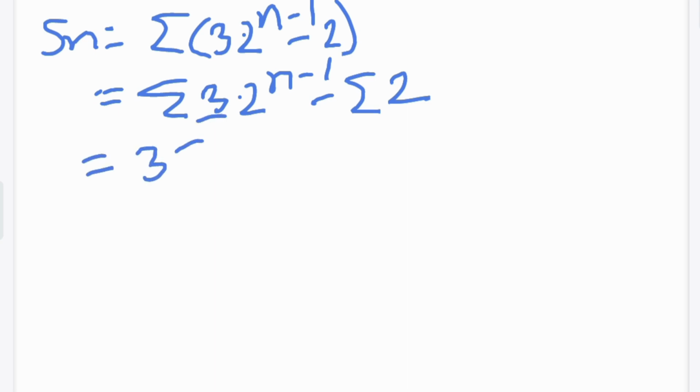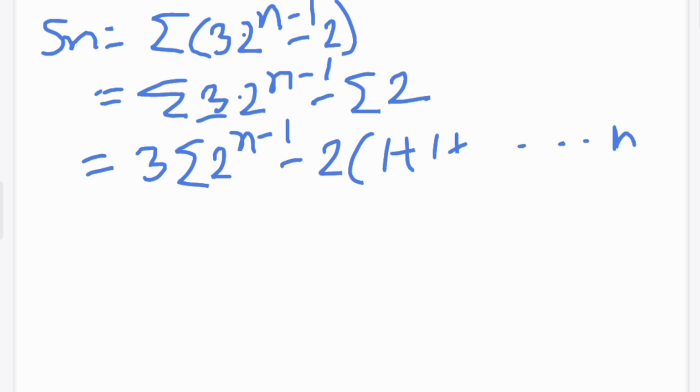So 3 summation 2 raised to the power n minus 1 minus, this is also a constant, and the sum of all the terms will be 1 plus 1 plus like this, till n times.